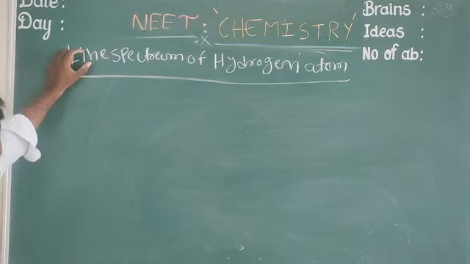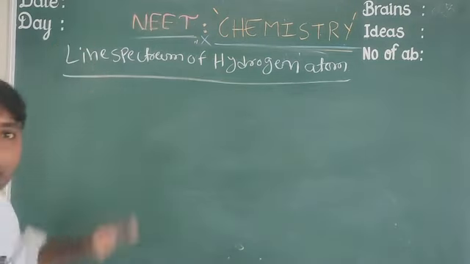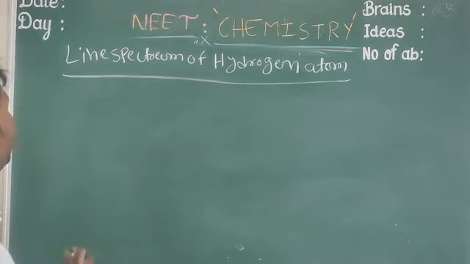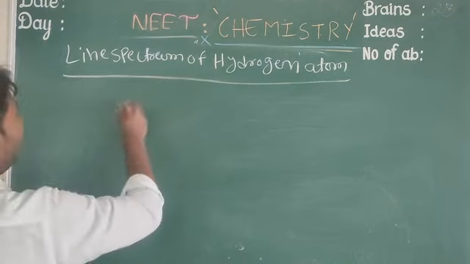The series of lines are Lyman series, Balmer series, Paschen series, Brackett series, Pfund series, Humphreys series. Not in your syllabus, but a 6th series is also there, Humphreys series. Generally, in your NEET syllabus, you have to read about 5 series of lines.